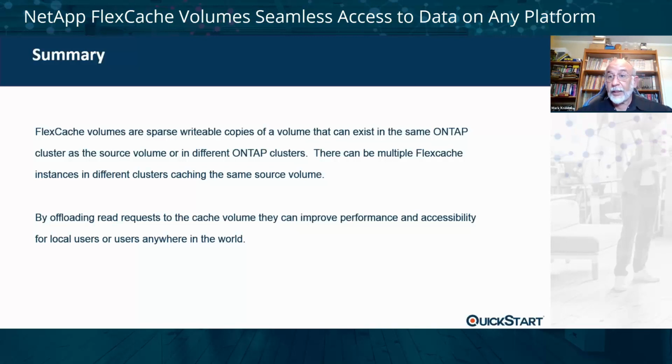Everybody sees the latest data no matter where they are, but we only need space to hold what they're actually using for a given period of time at a given location. And so they're going to get better performance because they're seeing a local copy, and everybody is going to see the same data at the same time as files change.